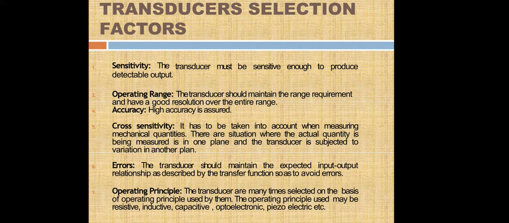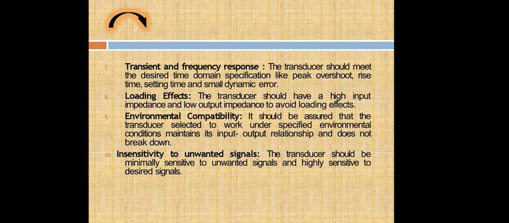The operating principle used may be resistive, inductive, capacitive, optoelectronic, piezoelectric, etc. Transient and frequency response: the transducer should meet the desired time domain specifications like peak overshoot, rise time, settling time, and small dynamic error.